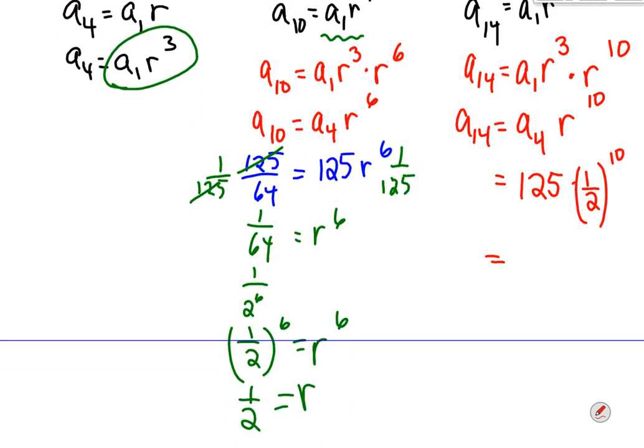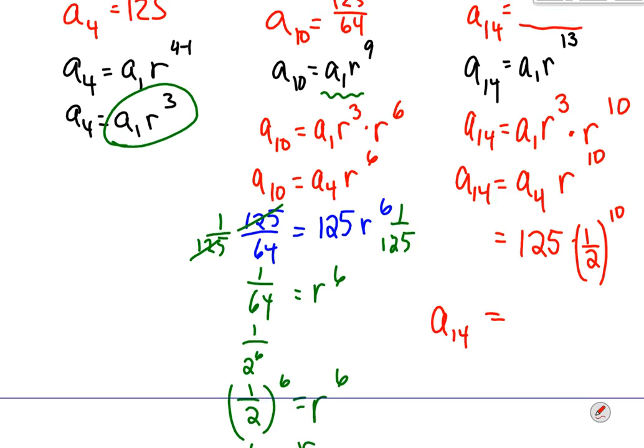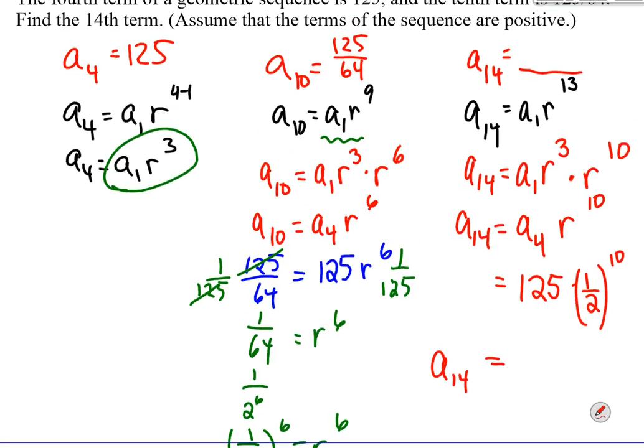In this one it's to the 10th because I chose to put in this a sub 4, so I did that subtraction again. It all works out, even though I never did find a sub 1.